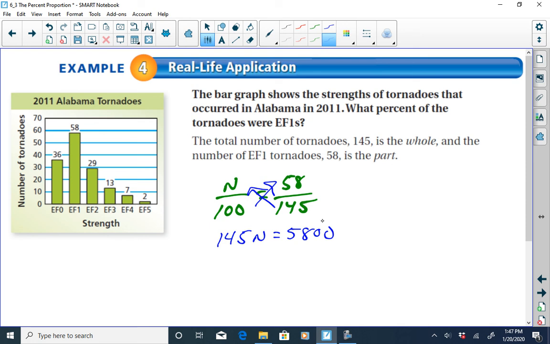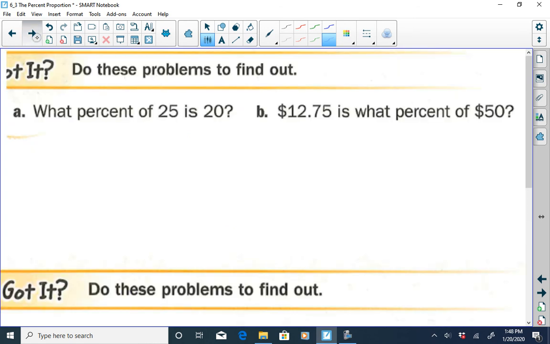Alright, and we're going to use our cross products property. 5800 divided by 145, yeah, that's going to be 40. So n is going to be equal to 40. Right? So 40% of the tornadoes were the EF1s.